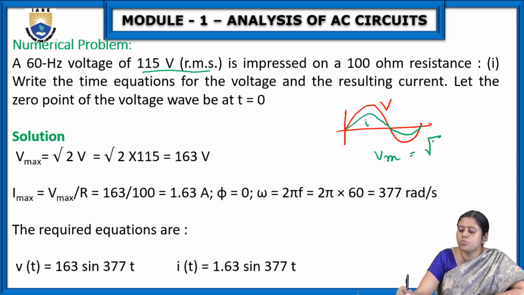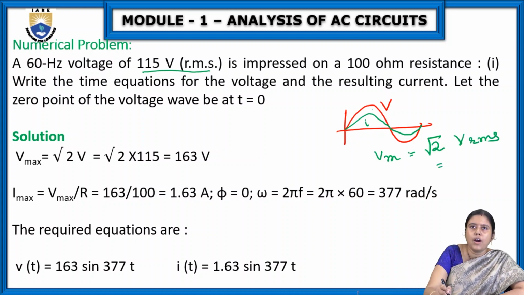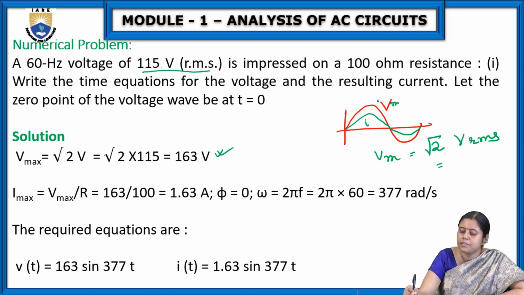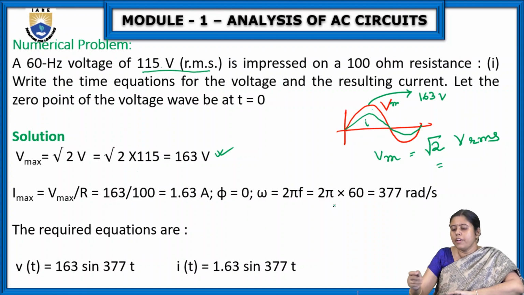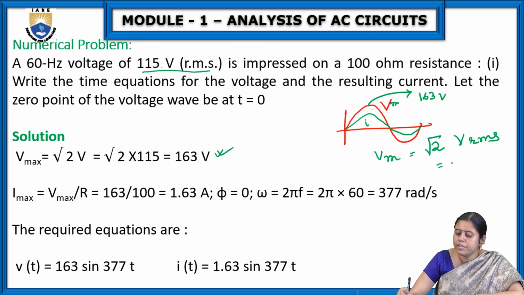Maximum is equal to root 2 times V RMS. So root 2 into 115. So this is the V max, the peak value, which is 163 volt. So we are getting Vm is equal to root 2 V RMS, and we got 163 volt.